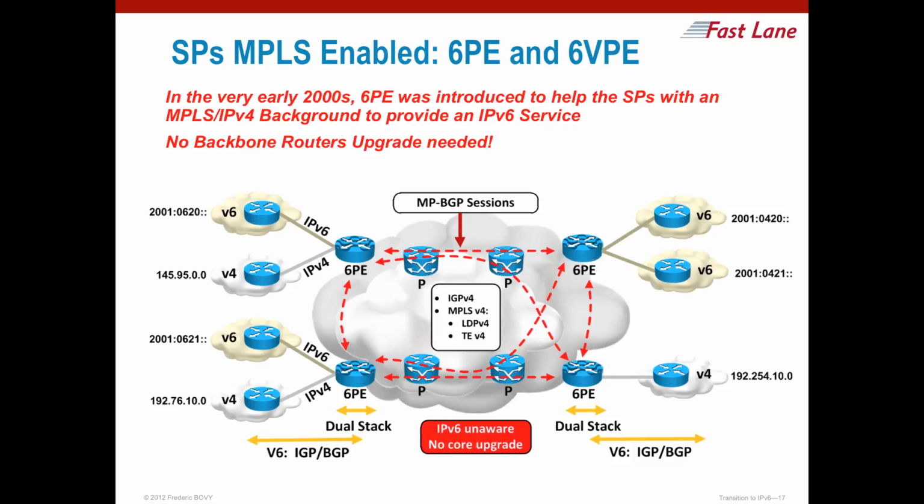Maybe the only problem with 6PE and 6VPE is the lack of IPv6 multicast support. And IPv6 multicast is very important. There are already many applications, many radios for instance, which are using IPv6 multicast, and multicast is not the friend of MPLS. So that's a reason why service providers may migrate quickly to a native backbone.